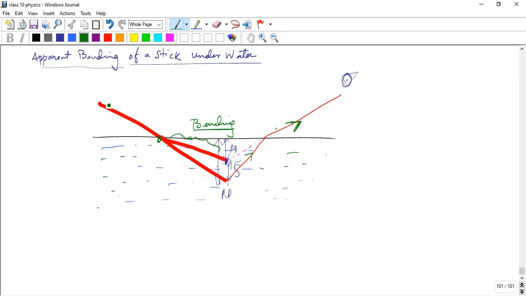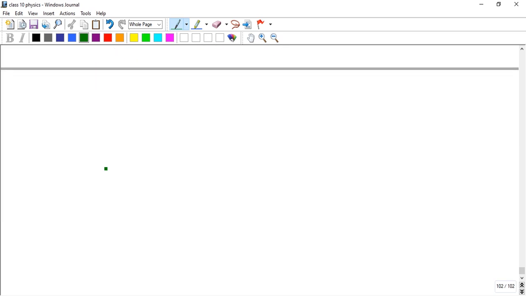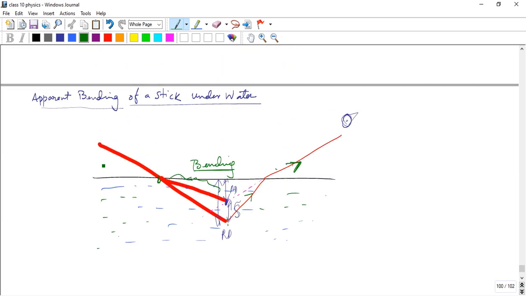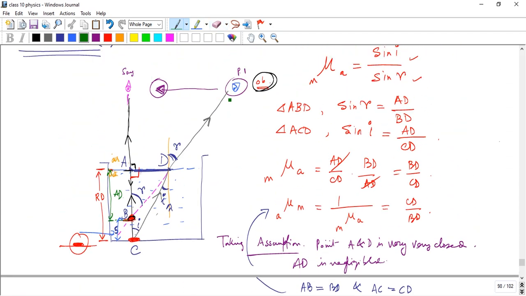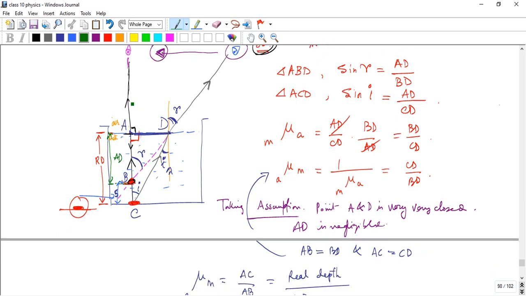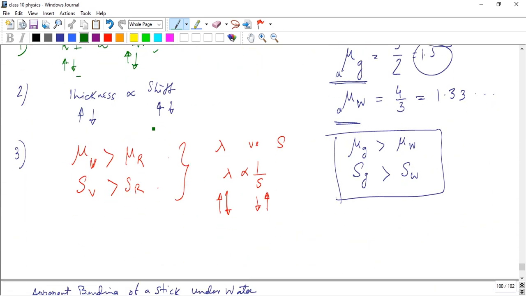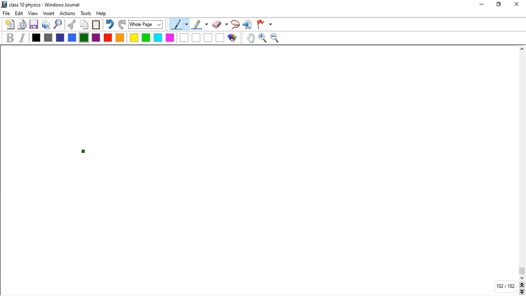Now the opposite of this: the observer was in the air medium. If the observer is underwater and the object is placed in air, what happens?